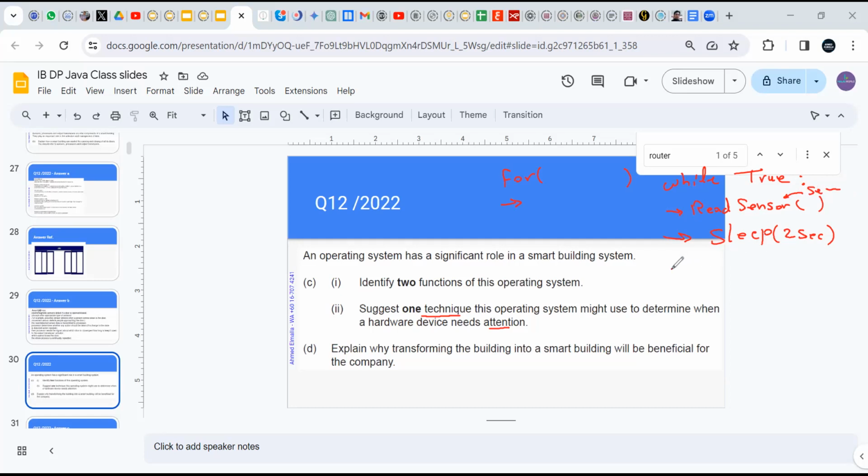Maybe for the air conditioning, you don't really need such tight timing. So you might say read temperature sensor and sleep for maybe 1 minute or even 2 minutes.